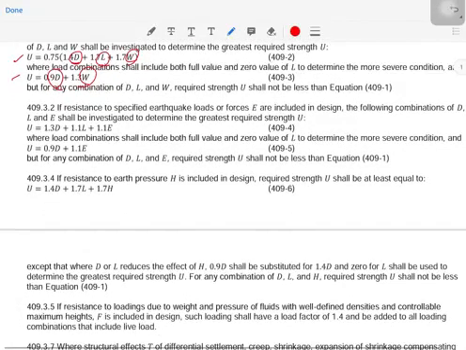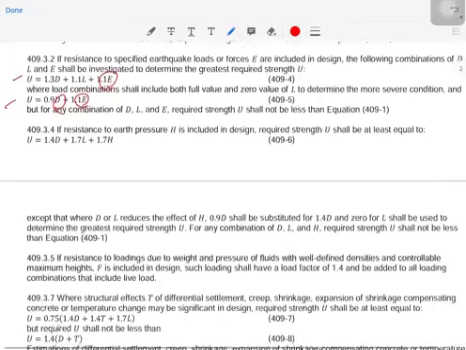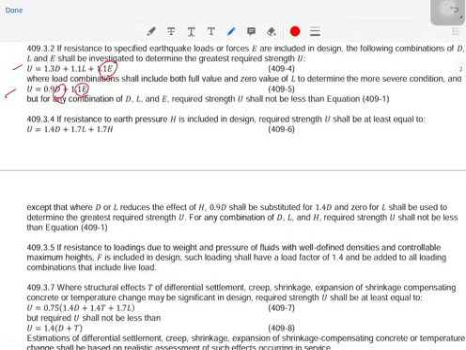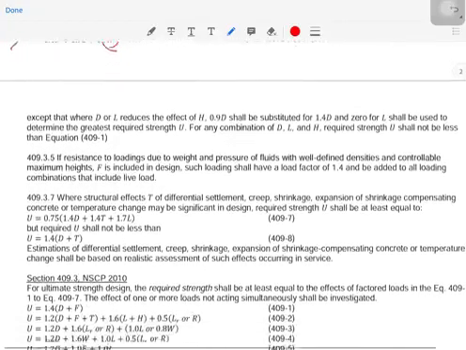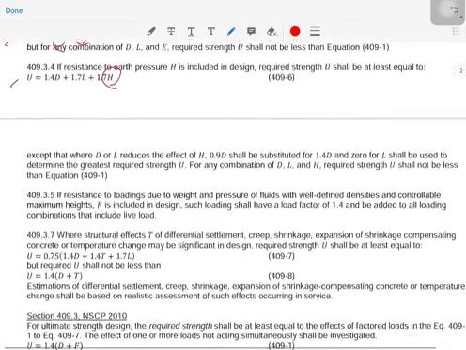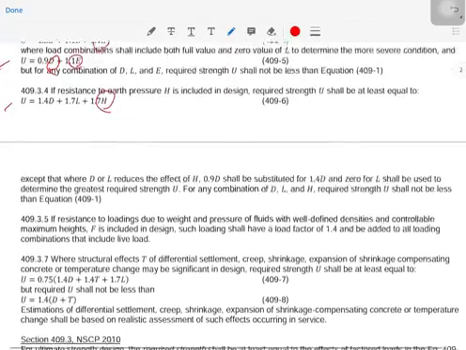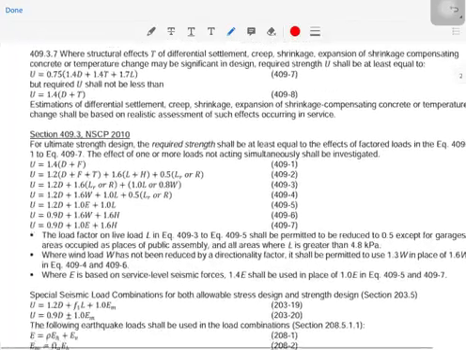Okay, then dead load, live load with earthquake loads, then dead load and earthquake loads. And this one is with earth pressure H. So this is the factor. And just read some of the written concepts here now for load combinations.